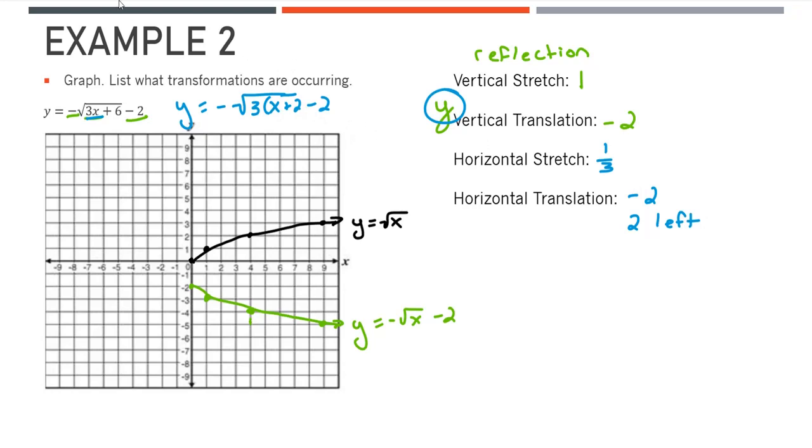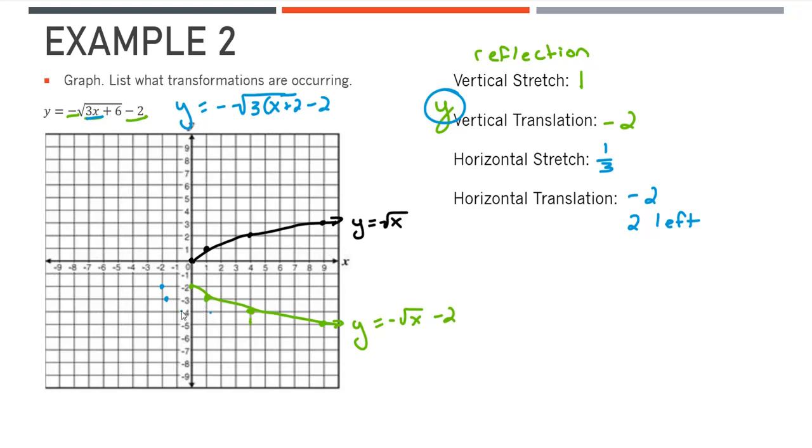So I'm going to take each of my points, my x values, divide them by 3, and then shift them 2 left. So we'll start here, 0 divided by 3 is 0, and then 2 left, so 1, 2. And then this point, 1 divided by 3 is 1/3, and then shift over 2 left. And then 4 divided by 3 is 1.3, and then 2 left.